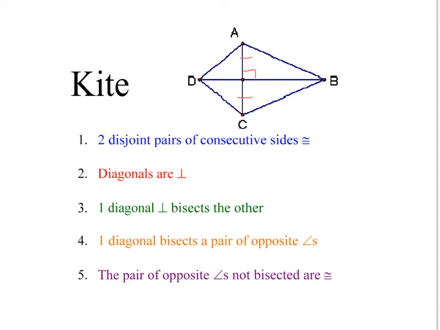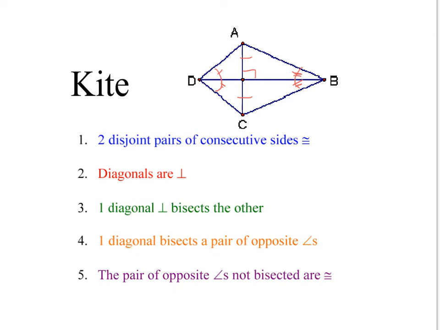One diagonal bisects a pair of opposite angles. Again, DB is a single diagonal that bisects this angle. So this is congruent to that, and this is congruent to that. That's property 4. Now number 5, the pair of opposite angles not bisected are congruent.